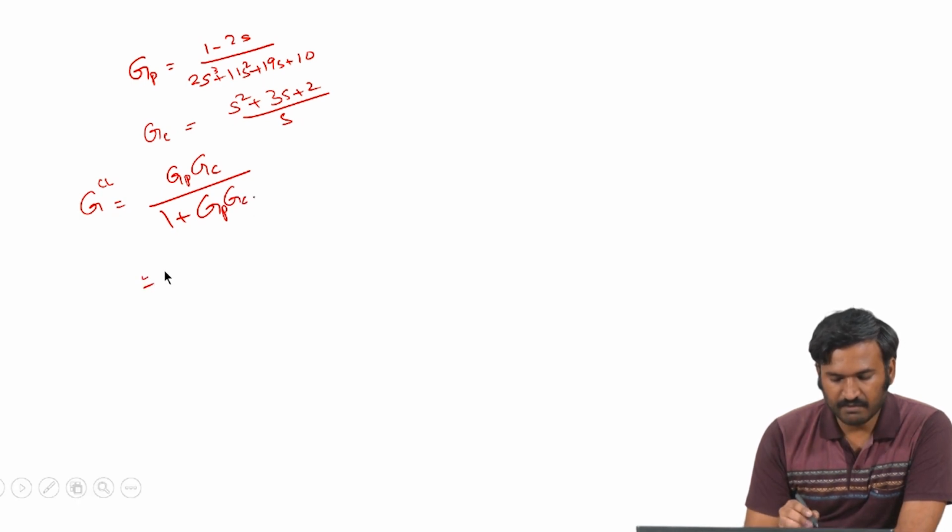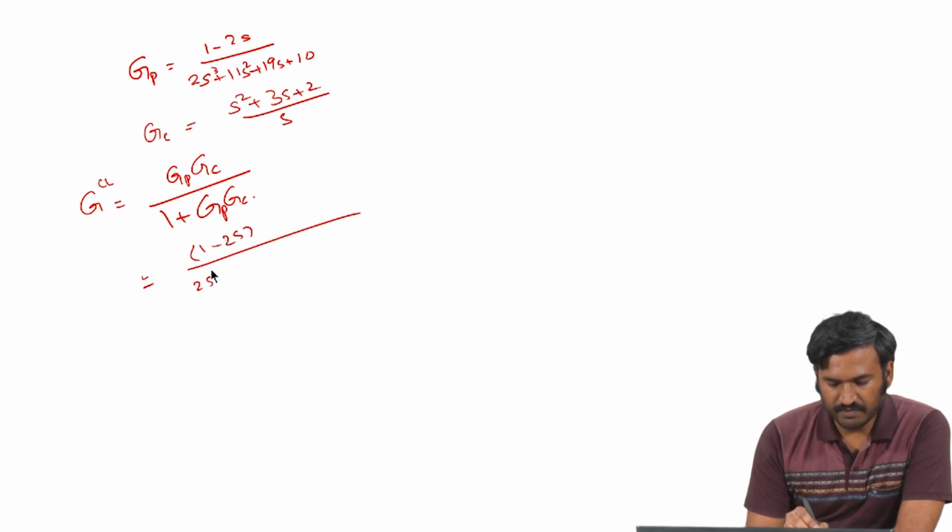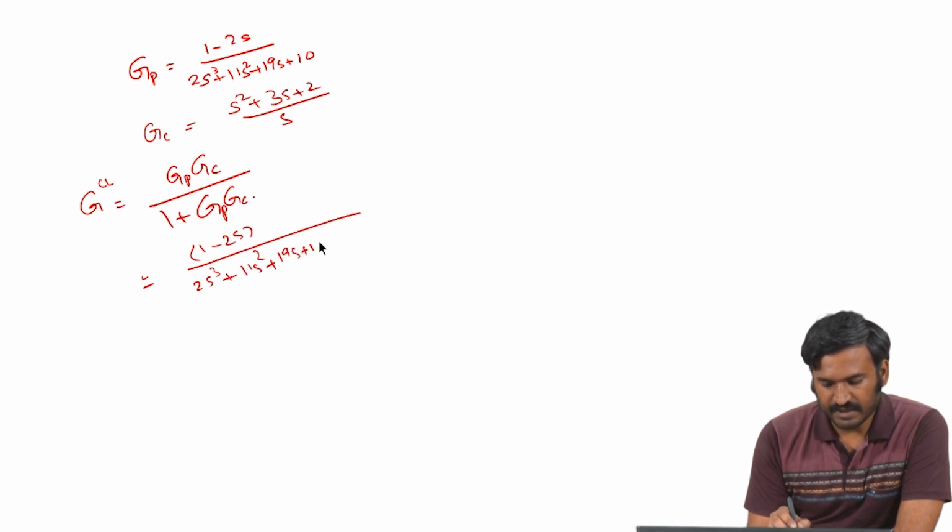That will be 1 minus 2s times 2s cube plus 11s square plus 19s plus 10 into s.